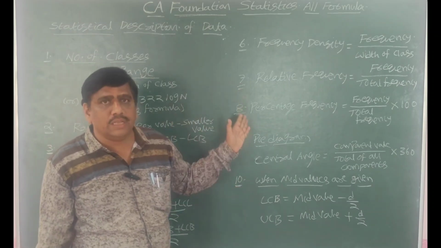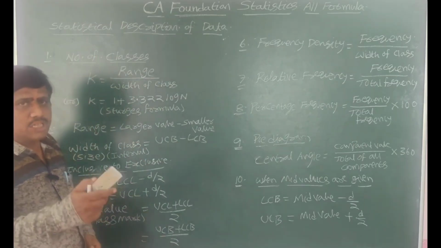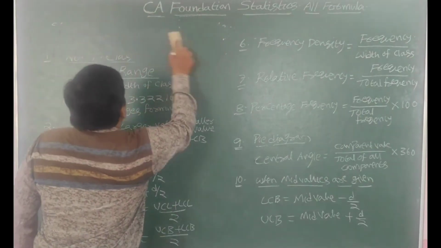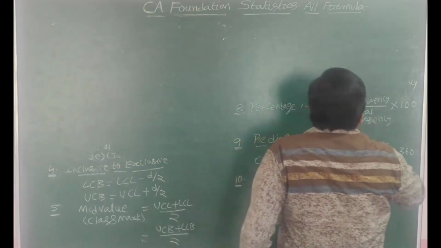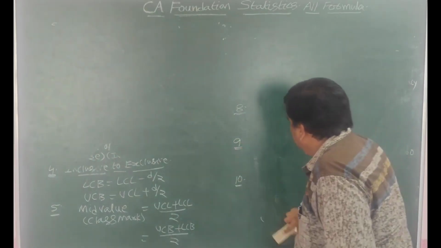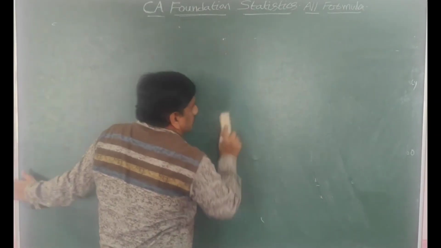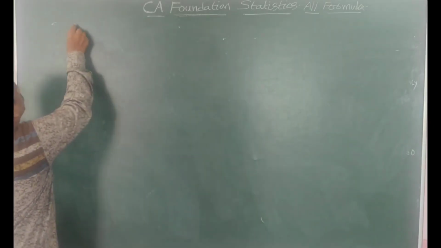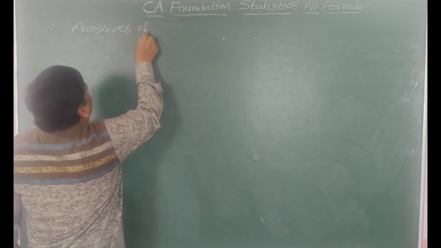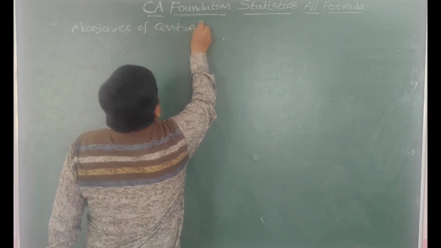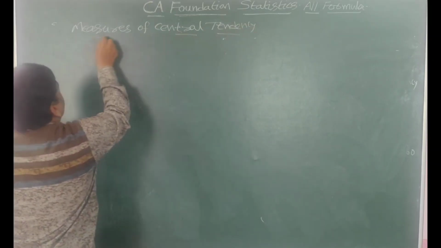These are the formulas involved in the first chapter, that is statistical description of data. Now we will move on to the next chapter, formulas of measures of central tendency.